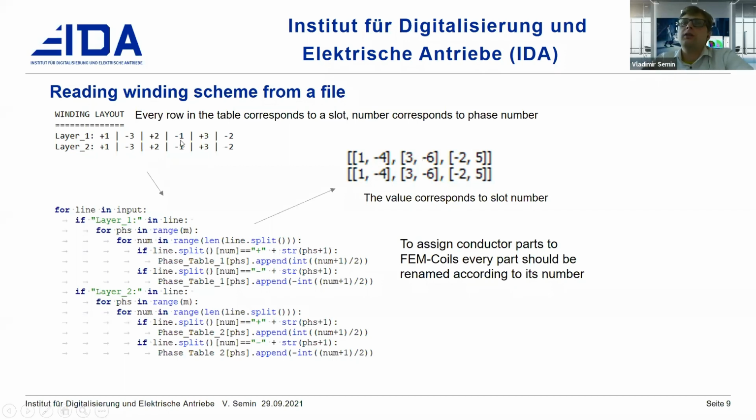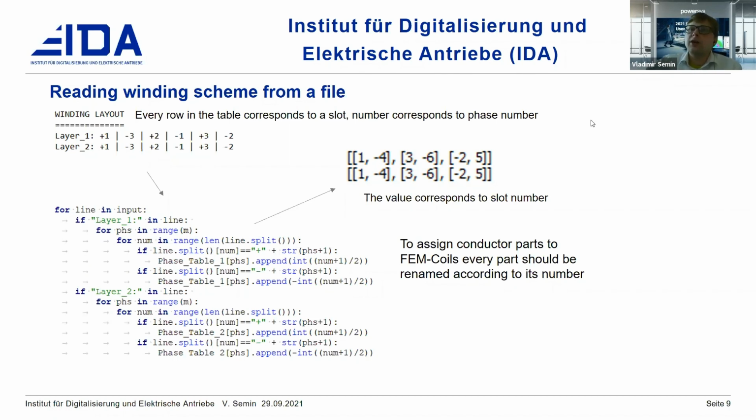After converting the data or the scheme into this format, it can easily be applied to a certain slot, but before we can assign every FEM coil condition or a certain coil condition for every phase to correct slots, we should also numerate the slots accordingly, so that every slot has a number.